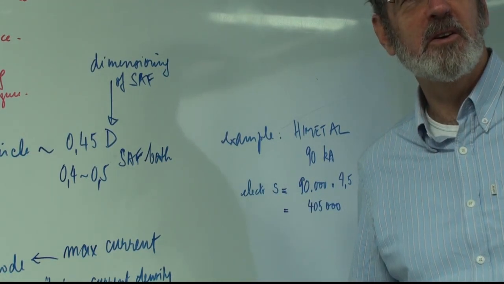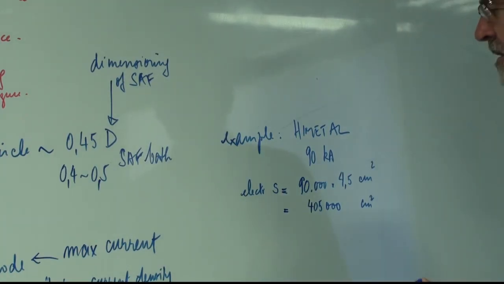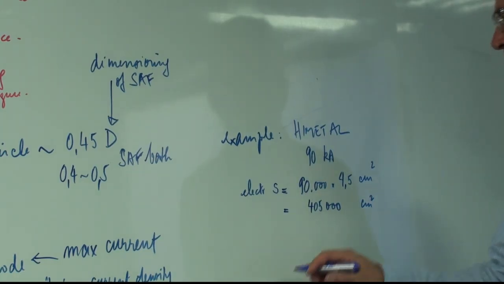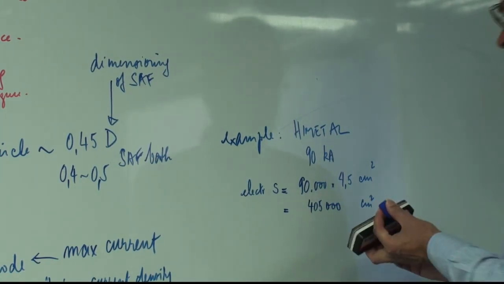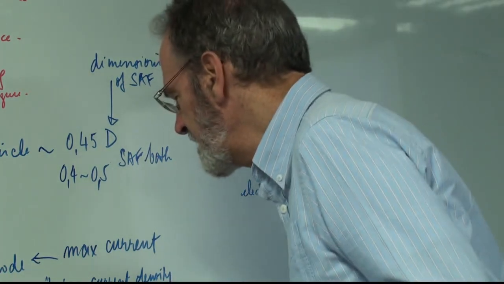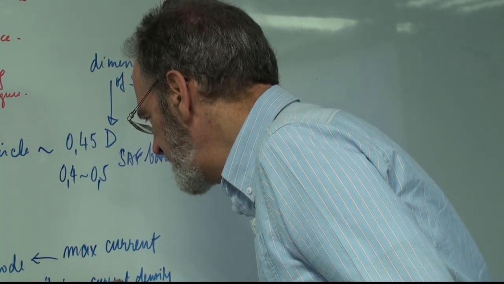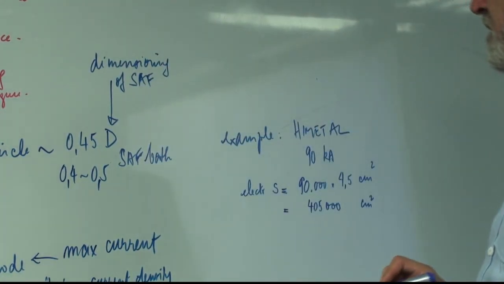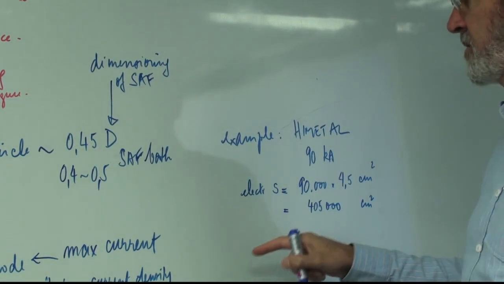No, it's not that. The criteria is 4.5 ampere per square centimeter, so it's divide. This is the current divided by surface. And now we have the current, and we want the surface.